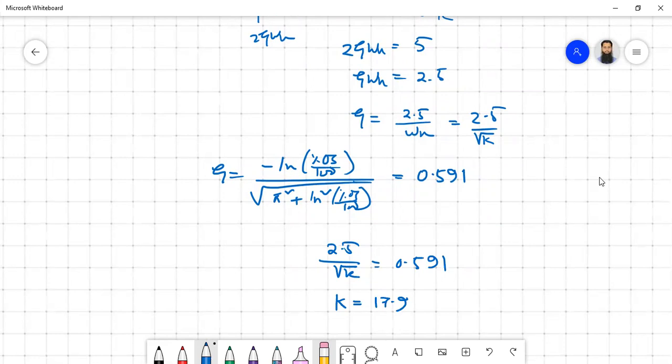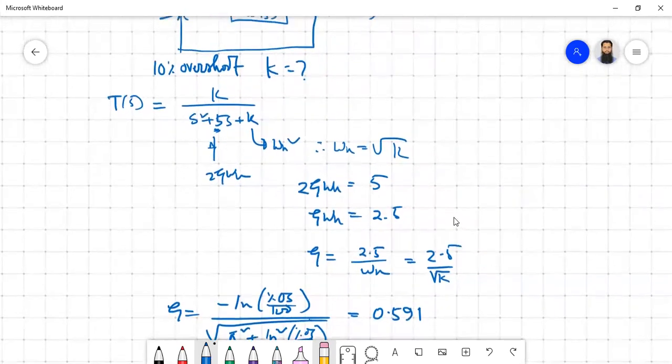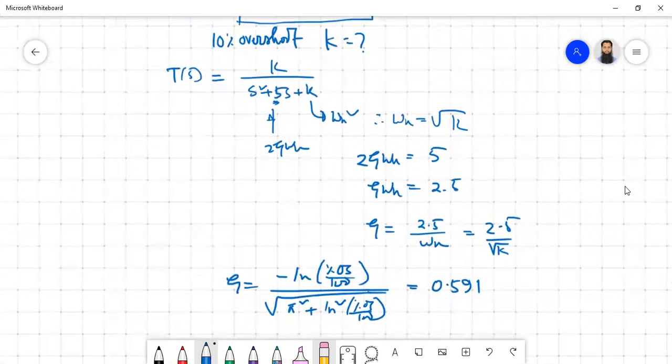But if somebody asks whether it is possible to also control the settling time for this particular case, what should your answer be? As you can see, only the value of k we can change.